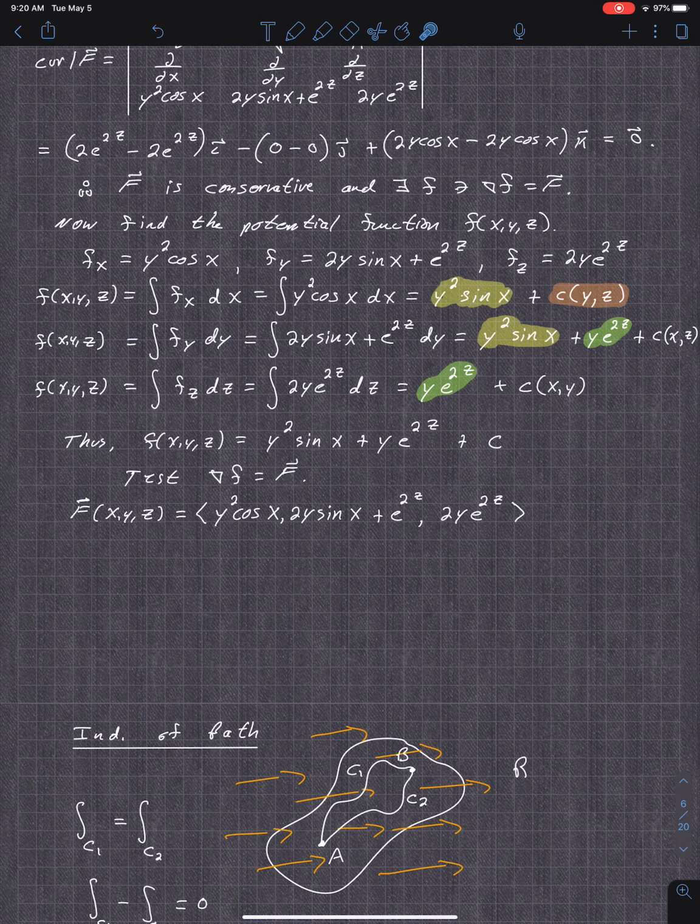You calculate each one of those, x, y, and then z. Set it up like this. Then don't duplicate your functions that are there, write down each one, and then plus your constant. So that's what your potential function is.